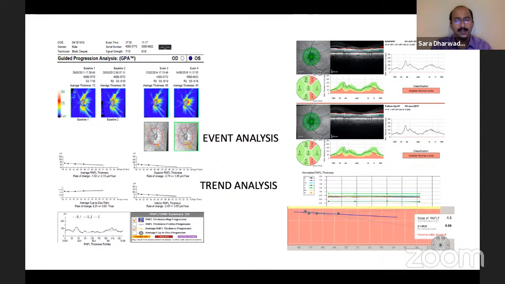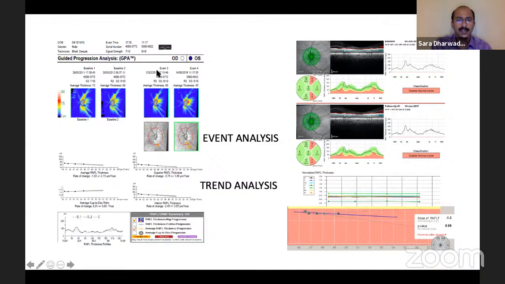It is very, very important, and progression analysis is available in the Cirrus machine, which is very much like the event and the trend analysis in the visual fields, where you have the average RNFL, the superior, the inferior, and the average cup to disc ratio. Always remember, with progression, you will have a downslope in all the others, whereas the CD ratio will always go up because of the progression of the cup and disc size relative to each other.